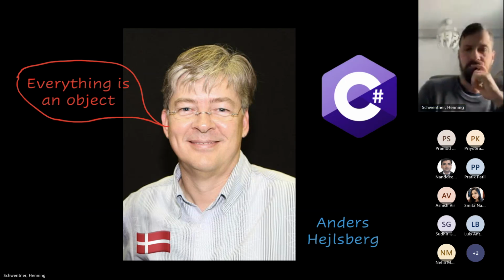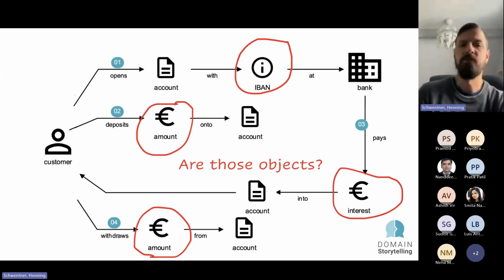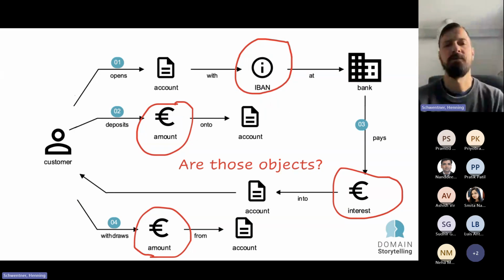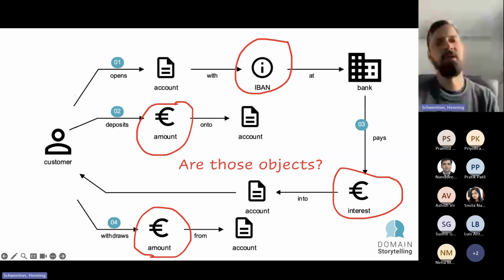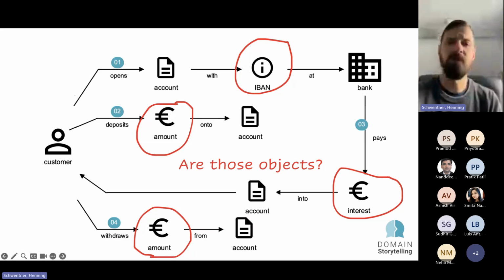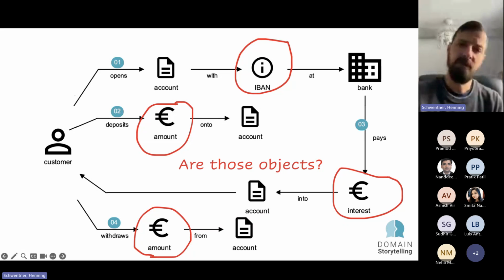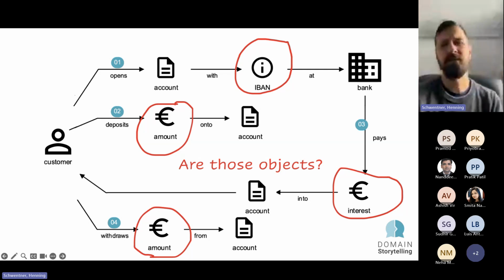But when we look back to our domain story here, we said, well, the account, that is an object, but these other domain concepts, these other domain terms that we find here, the IBAN, the bank account number, or the amount of money, or the interest, are they objects?